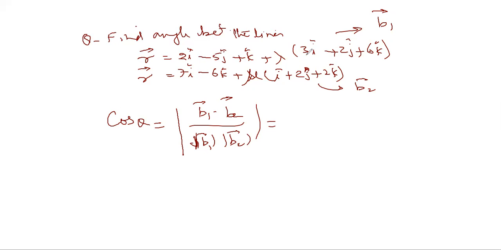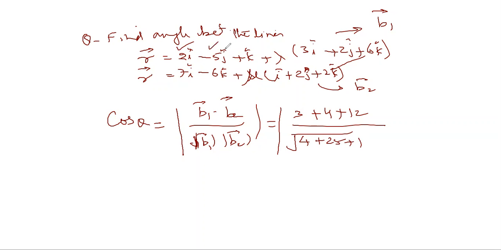B1 dot B2 means we multiply 3 into 1 plus 2 into 2 plus 6 into 2, which is 3 plus 4 plus 12, that is 19. Then the magnitude of B1 is the square root of 3 square 9 plus 2 square 4 plus 6 square 36.